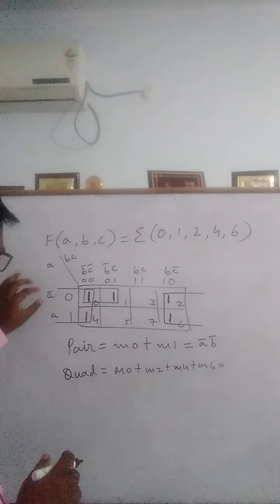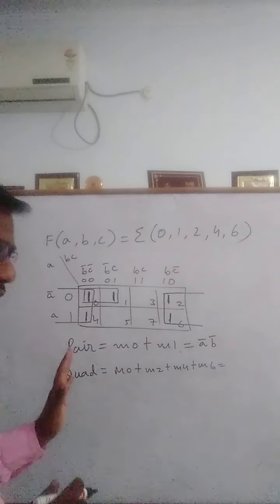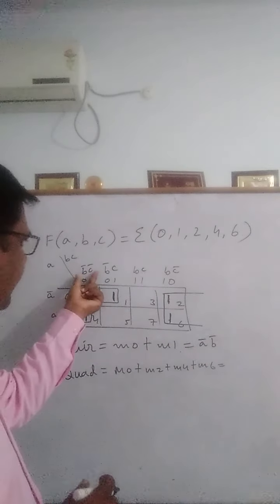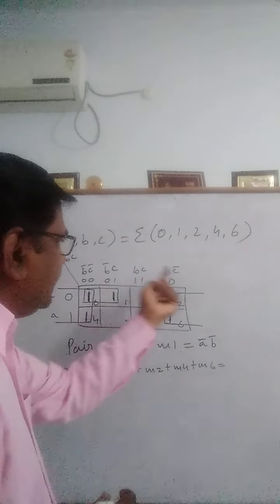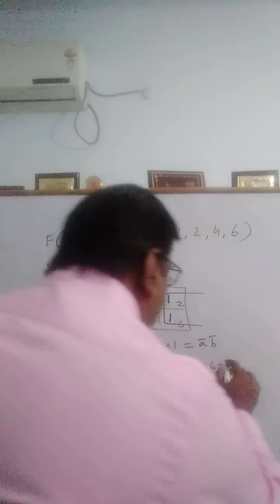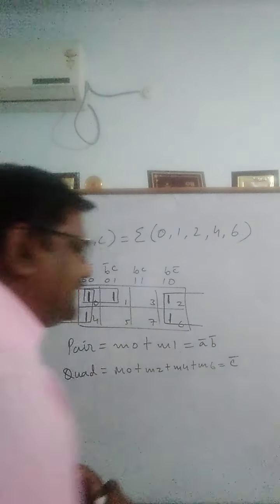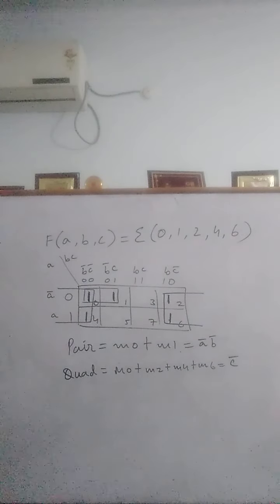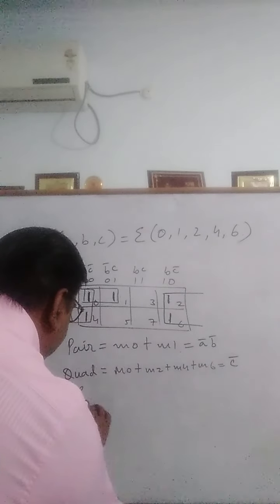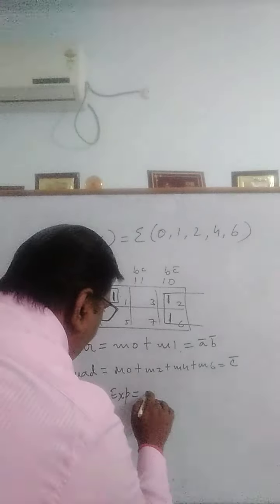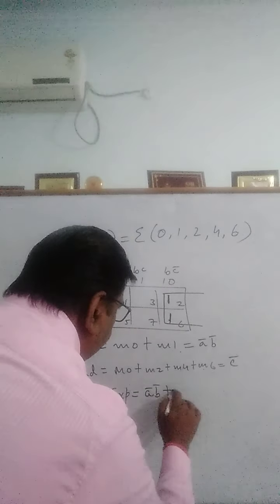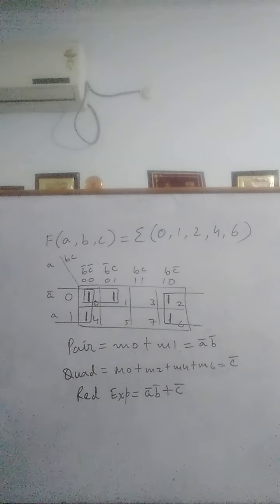In these variables, A bar is changing to A, that means A is changing. In B bar C bar and B C bar, B is changing, C bar is same. That means the answer of the quad will be C bar. Therefore, your reduced expression will be A bar B bar plus C bar.